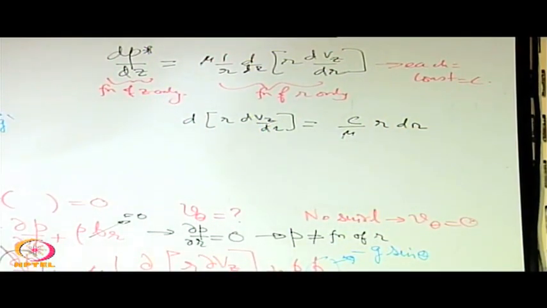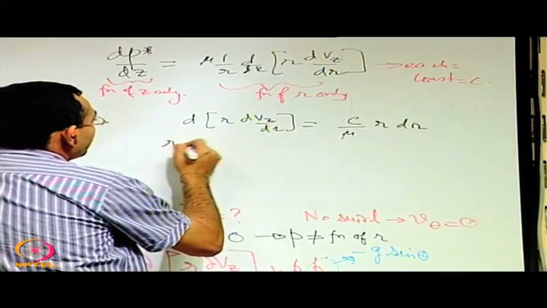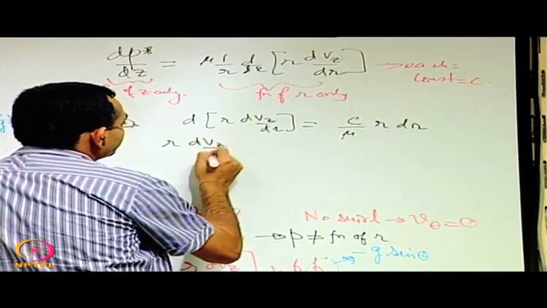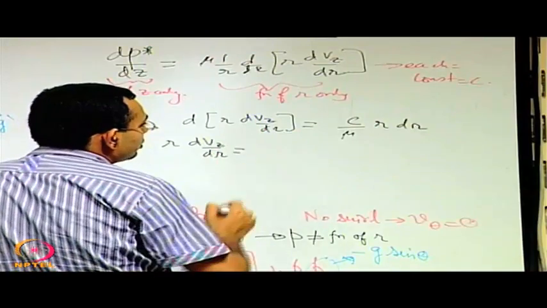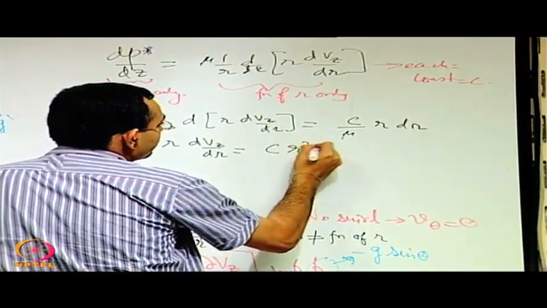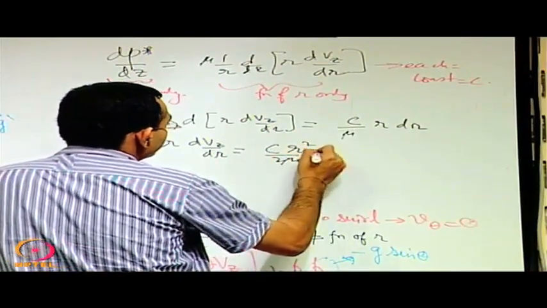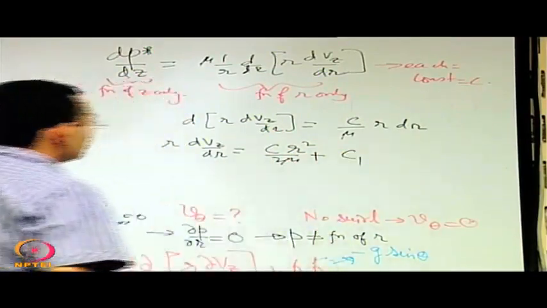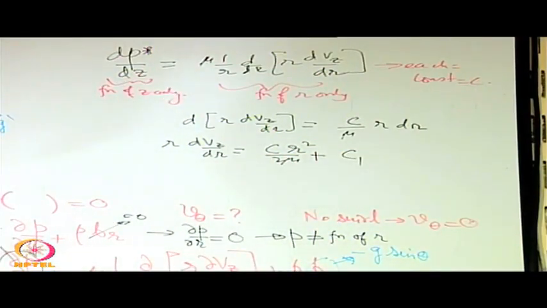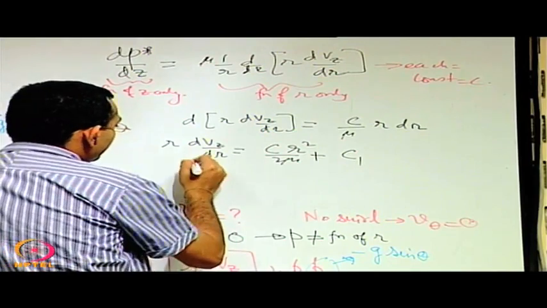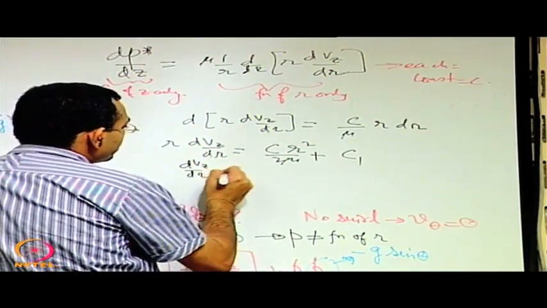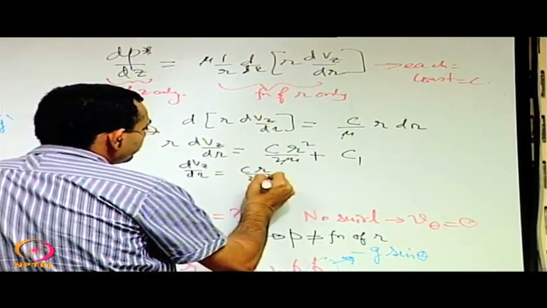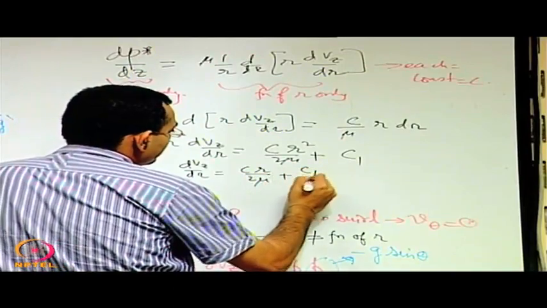So this you may integrate. Once you integrate, you have R dvz dr is equal to C R square by 2 mu plus C1, which means dvz dr is equal to C R by 2 mu plus C1 by R.